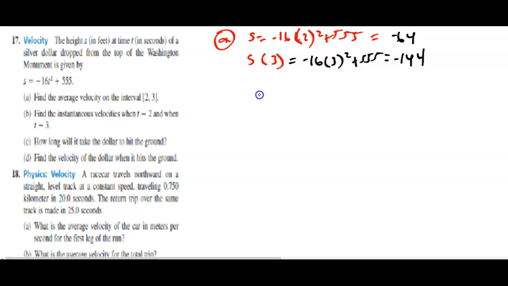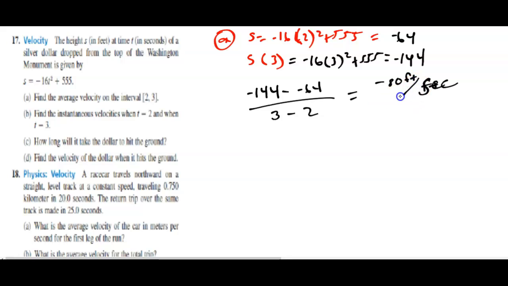So to find the average, we've got to do y2 minus y1 all over x2 minus x1. That's a plus. Alright, and it's going to give us negative 80 over 1, which is negative 80 feet per second. So that's the average, that's part A.